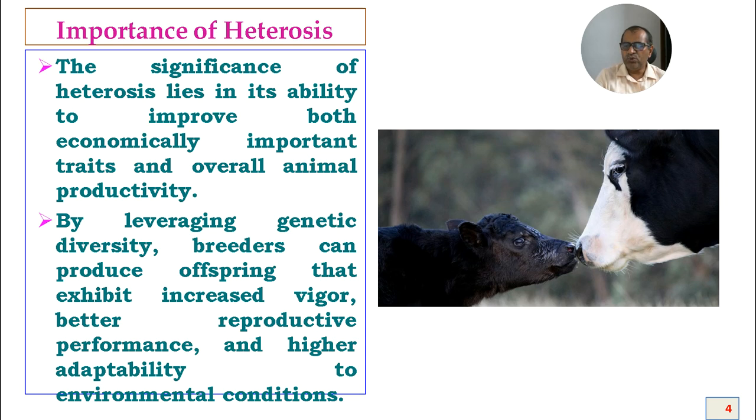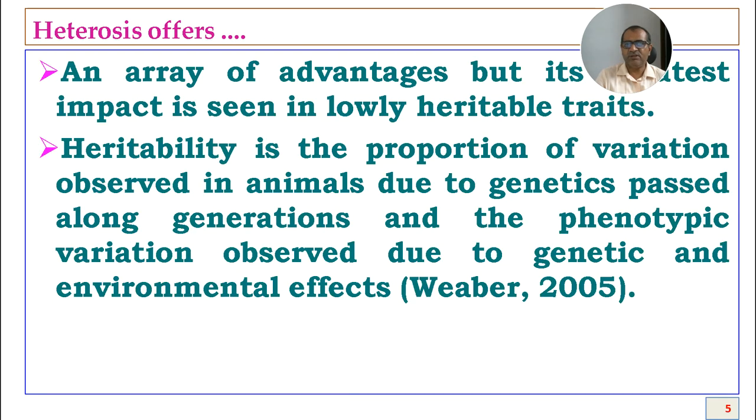By leveraging the genetic diversity, breeders can produce offspring that exhibit increased vigor, better reproductive performance, and adaptability to different environmental conditions. So heterosis is very important in developing crossbred animals.